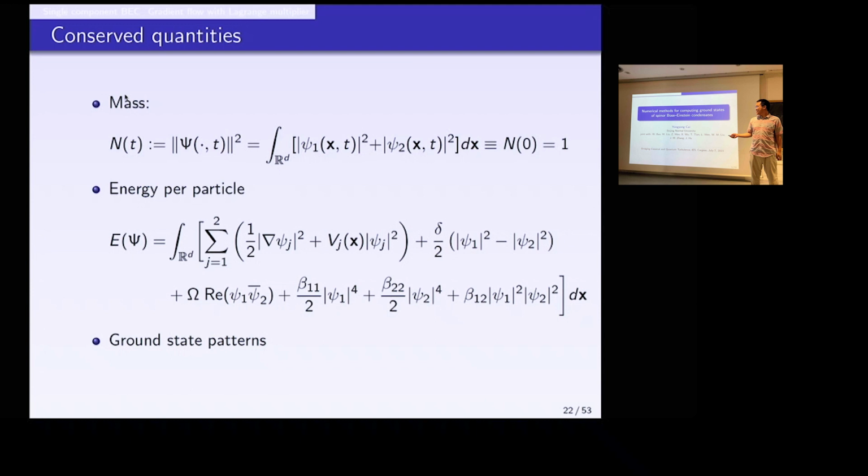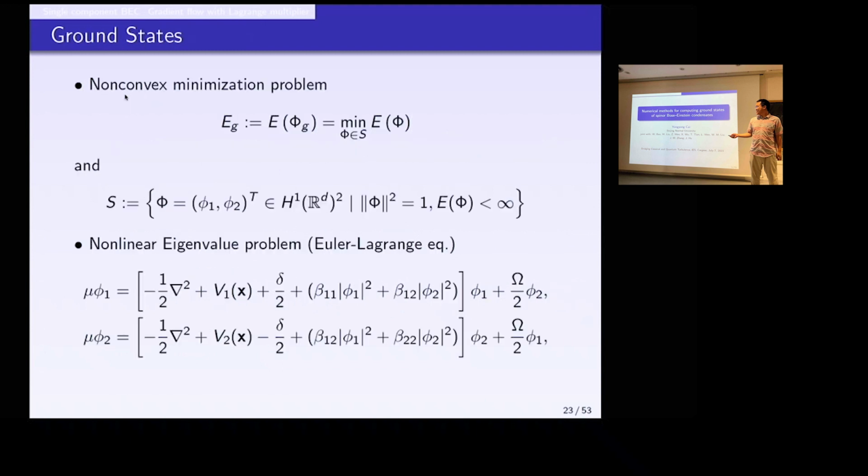When computing the ground state, our first idea is to extend the normalized gradient flow to this case, because it is still an energy minimization problem, so it is natural to use this gradient flow type technique. Of course, we can also compute the solution based on an eigenvalue formulation.